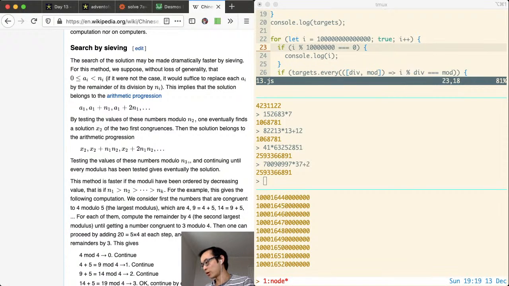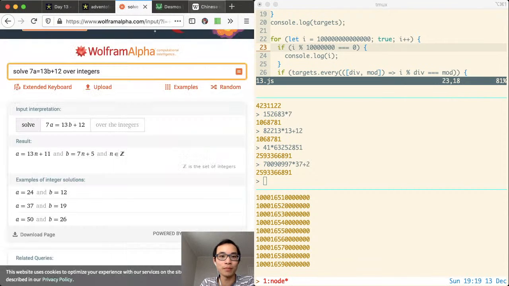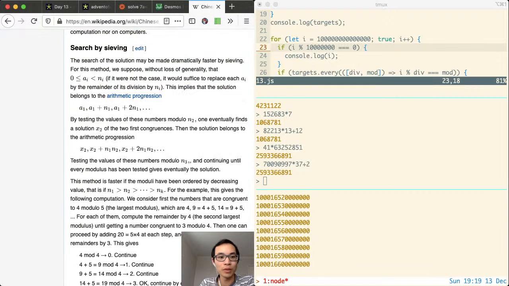Right, hang on. I might need a new piece of paper. But I think a1 is 0 and n1 is 7 for the first answer, right? Because that's 7a. And it's saying that once I have that, by testing these numbers modulo n2, I want to test all the multiples of 7 mod 13, right?